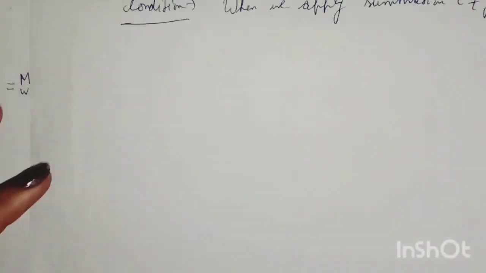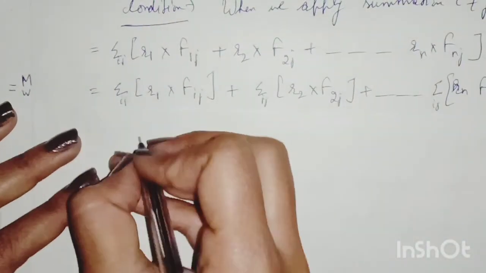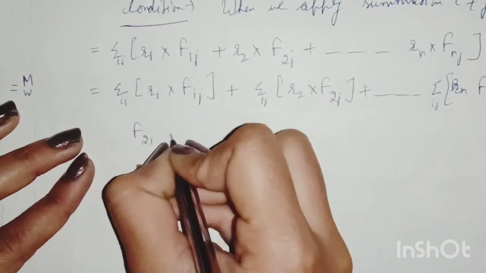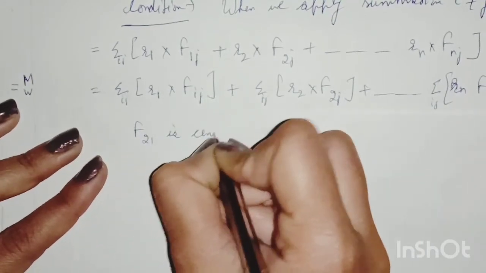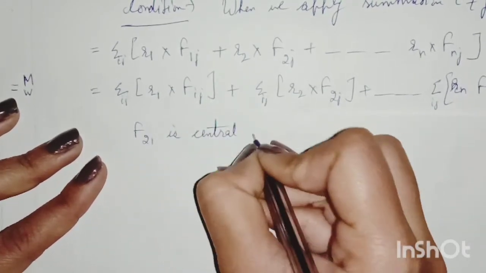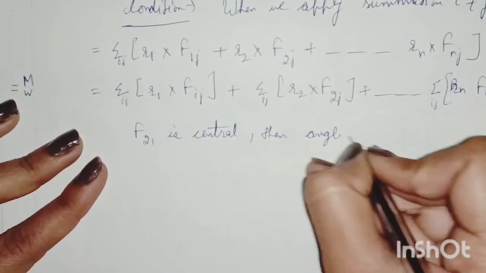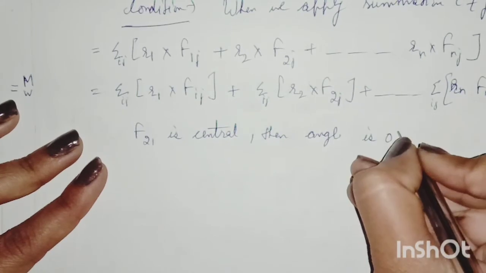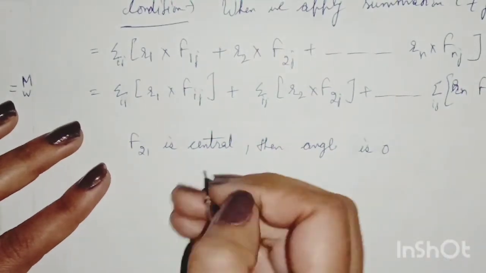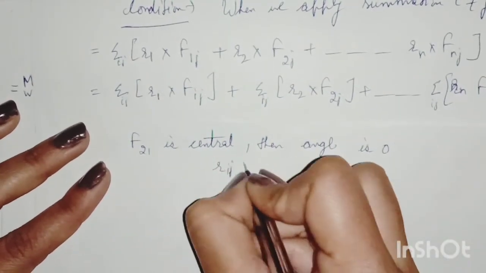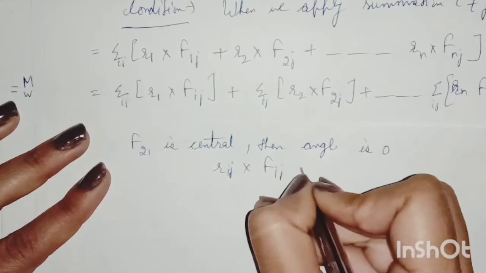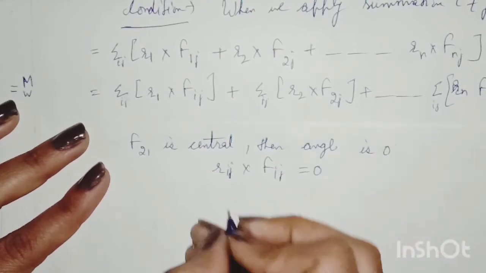We know F21 is central, then the angle is 0. So we get Rij cross Fij is equal to 0.